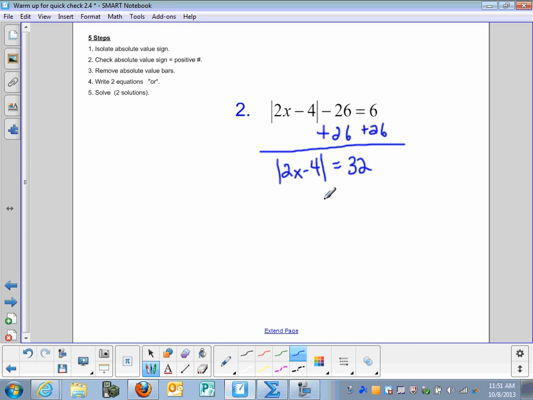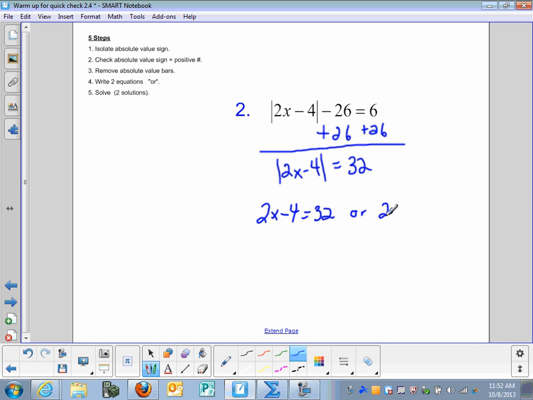Now the absolute value sign is isolated. There is nothing being added or subtracted, multiplied or divided on the outside of the absolute value bars. Step 3, we're going to remove the absolute value bars. When we do step 4, we write two equations with an or. 2x minus 4 is equal to 32, or what's inside this absolute value sign could equal negative 32.